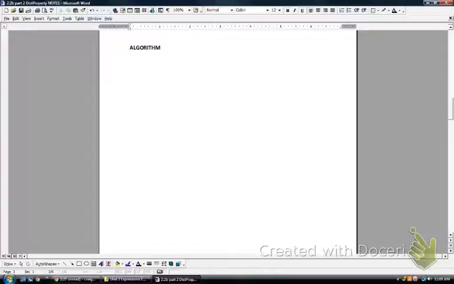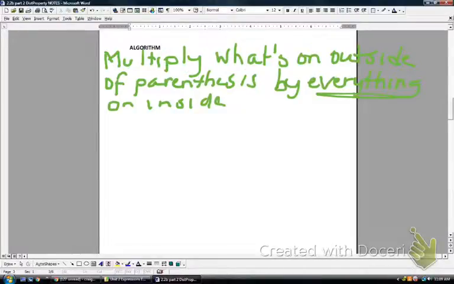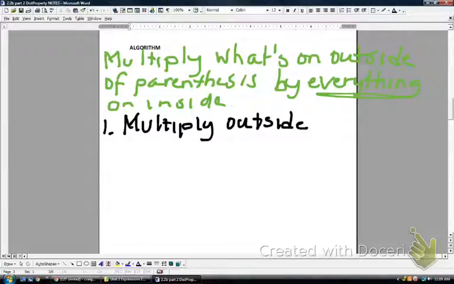The algorithm for the distributive property, very simple, is you multiply what's on the outside of the parentheses by everything on the inside. So there's the algorithm, but that isn't very helpful without a step-by-step actual algorithm. So let's write down exactly what you do. Multiply outside number by the first term inside the parentheses.